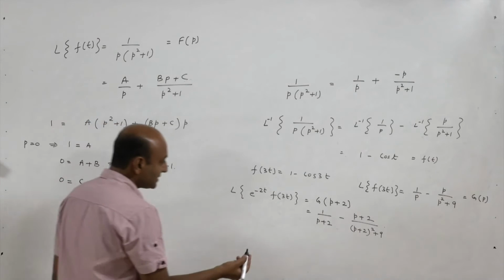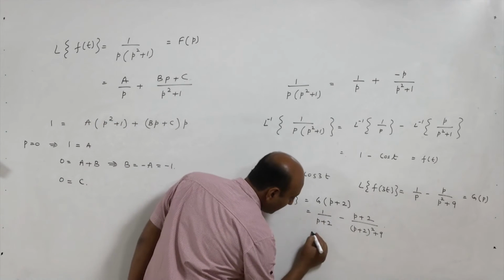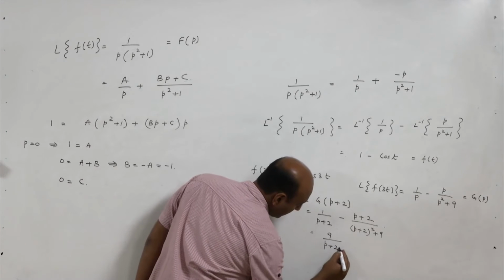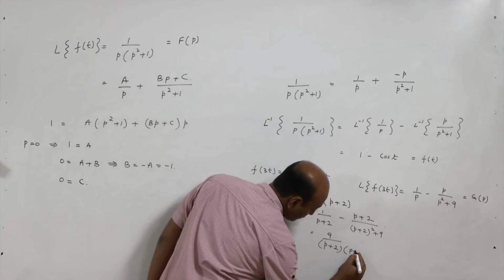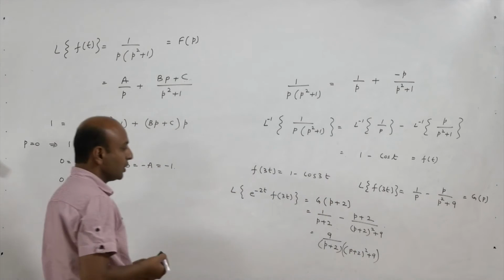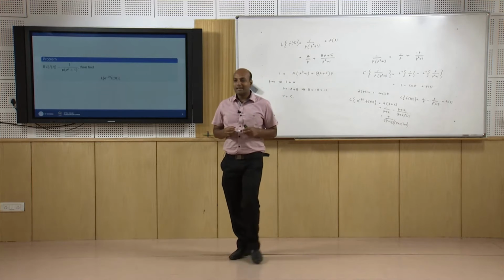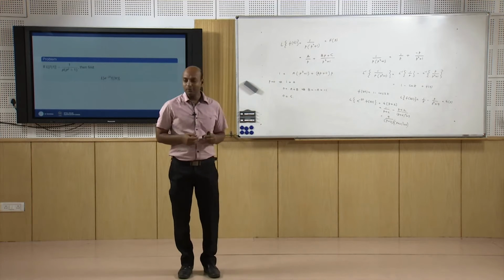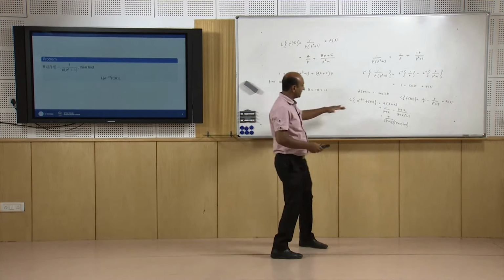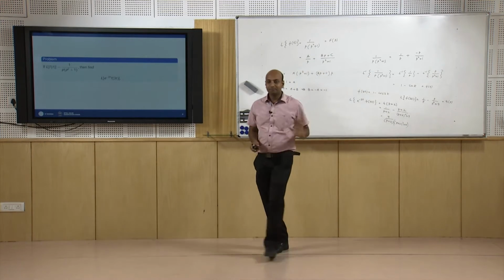If you take LCM and simplify, it is clearly visible that it is nothing but 9 upon (p plus 2) into ((p plus 2) whole square plus 9). So, that will be the Laplace of e to the power minus 2t into f(3t). So, this is the one way.